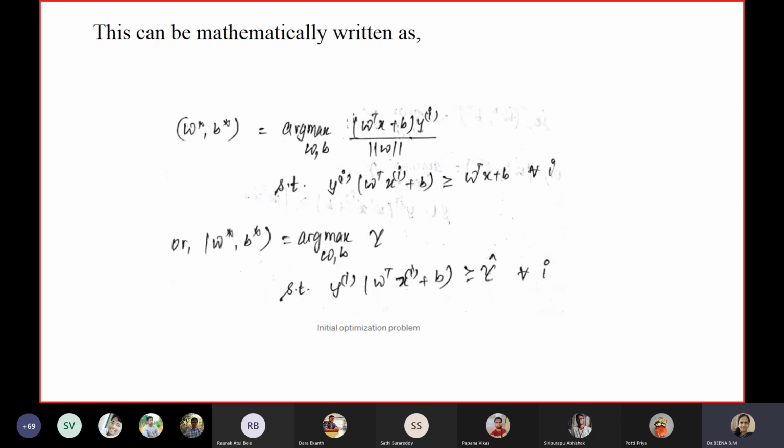By lowering the value of gamma. What do you understand by this equation? What does W comma B denote?